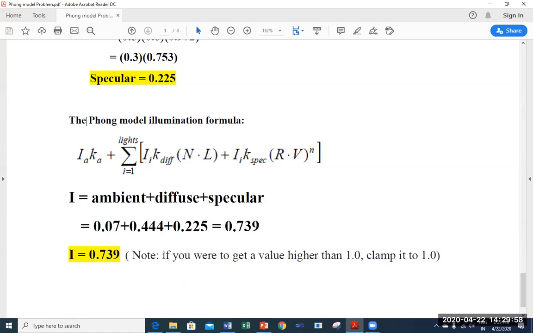Here, one thing you have to note down: if you are getting a value higher than 1.0, you have to clamp it to 1.0. Why? Because the value is between 0 and 1. So above 1, any value you get, you have to clamp to 1.